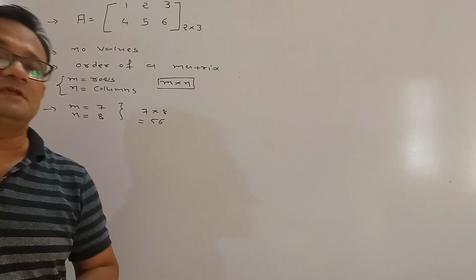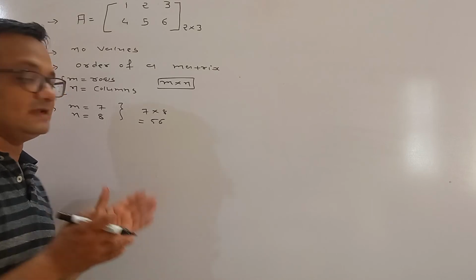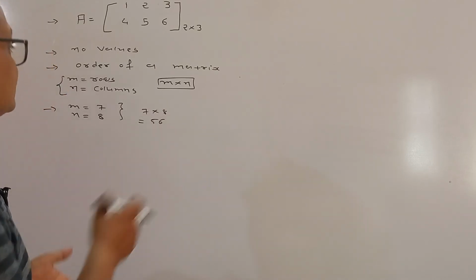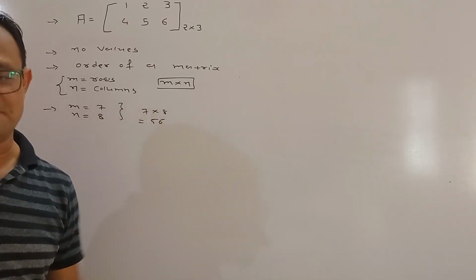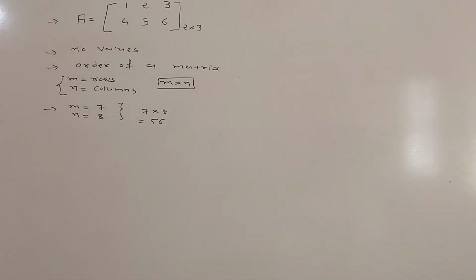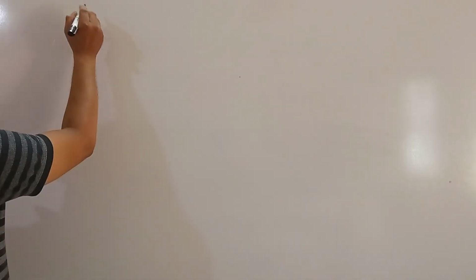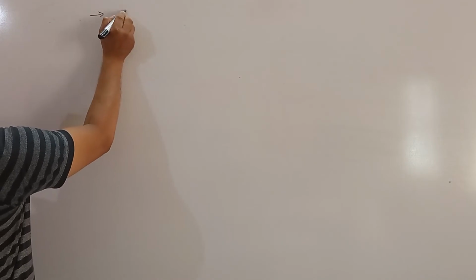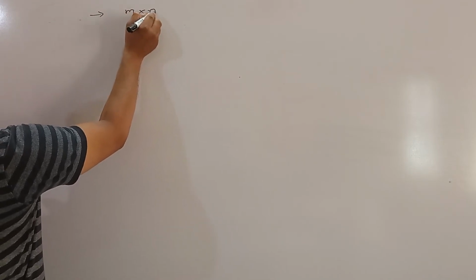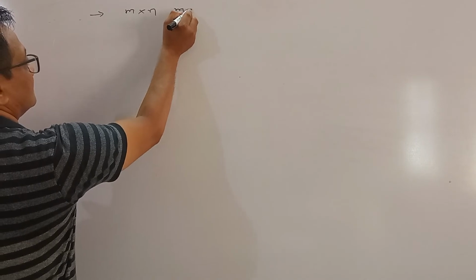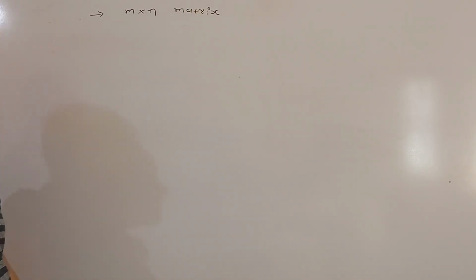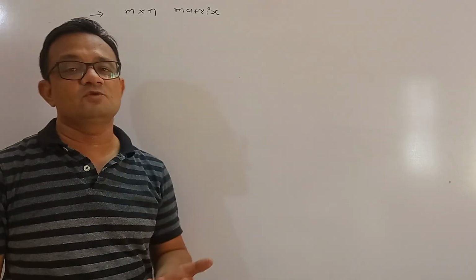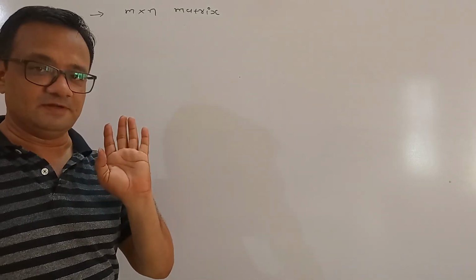Now we have to arrange mn elements through m rows and n columns. So let us see how we can arrange m rows and n columns, meaning mn elements, graphically. An m cross n matrix means a matrix having m rows and n columns and an arrangement of mn elements.